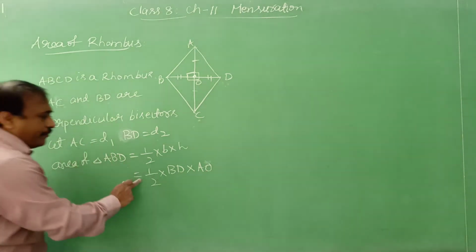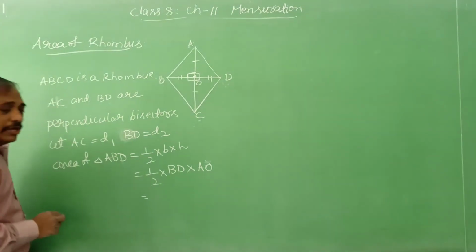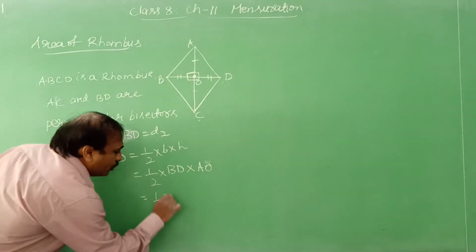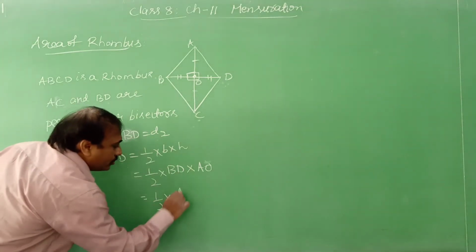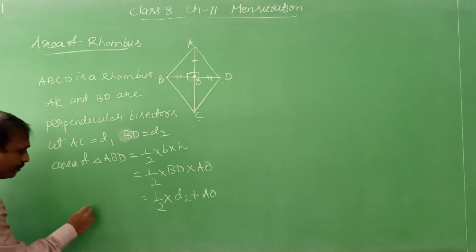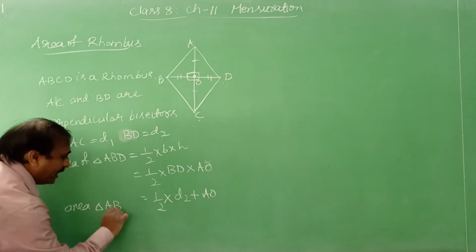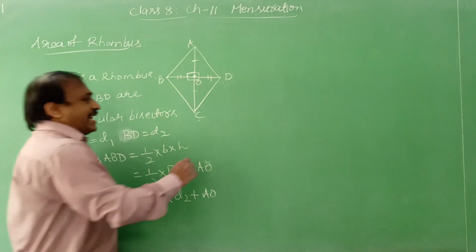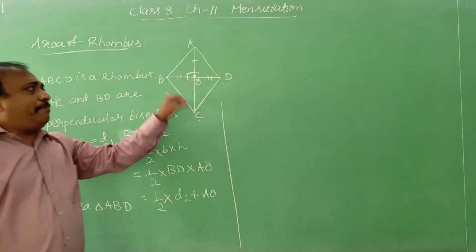Observe it. Half into BD into AO. Now what is BD? We assume it as D2. So half into D2 into AO. This is the area of triangle ABD. Now I am taking the area of triangle CBD.